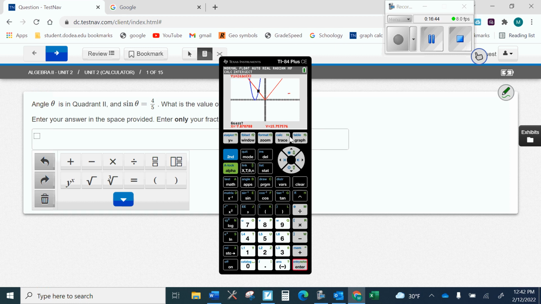Enter, enter. And now my guess, I need to move it closer to the other answer. Now it's closest to that answer, so now I can hit enter, and I'll jump to that next closest answer, -18. So my 2 answers are -8 and -18. Notice it's only the x coordinate that I'm using for my answer.